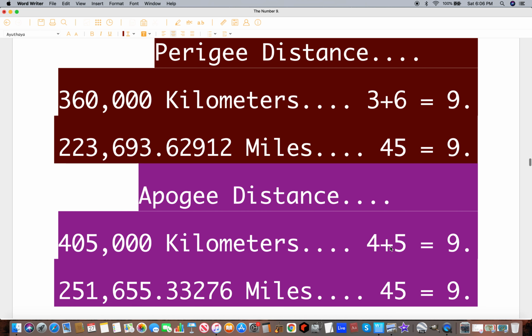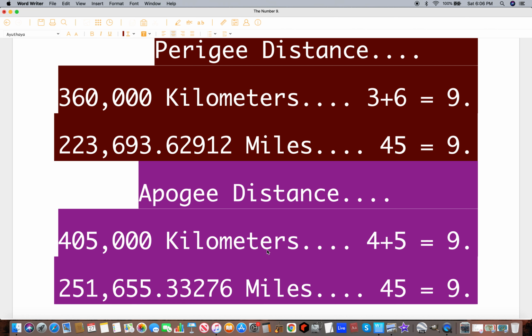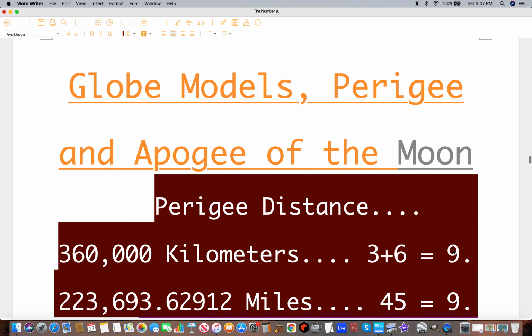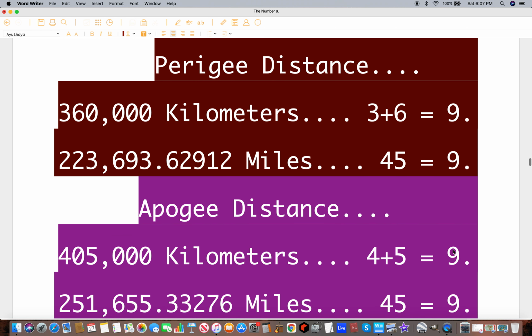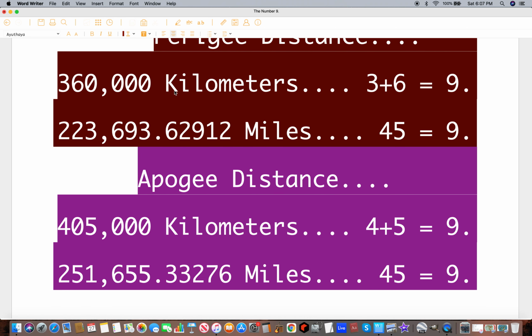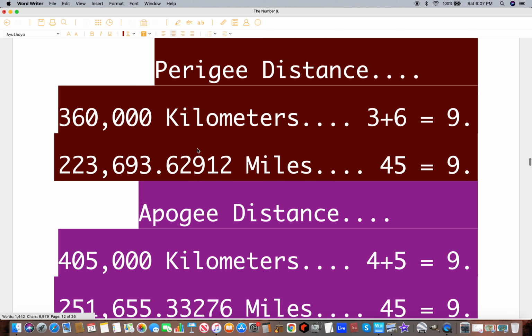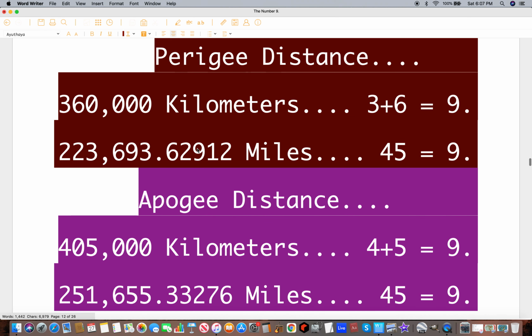Apogee distance, 405,000 kilometers. 4 plus 5 equals 9. 251,655.33276 miles adds to 45, which equals 9. So the globe model perigee and apogee of the Moon all come back to 9, whether in kilometers or miles. So we have many things to do with the globe model that keep coming back to 9.